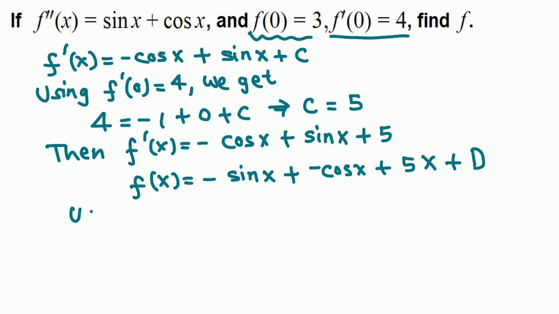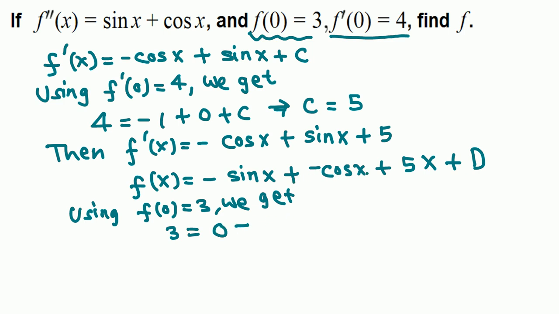So using f of 0 equals 3, we get 3 equals, plugging in x equals 0, minus sine 0, sine 0 is 0, so minus 0, plus negative cosine 0, which is 1, plus 5 times 0, which is 0, plus d.